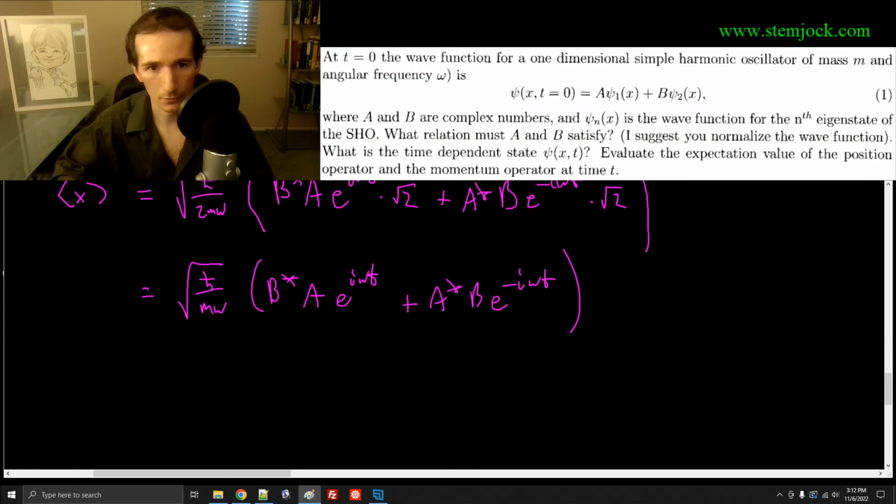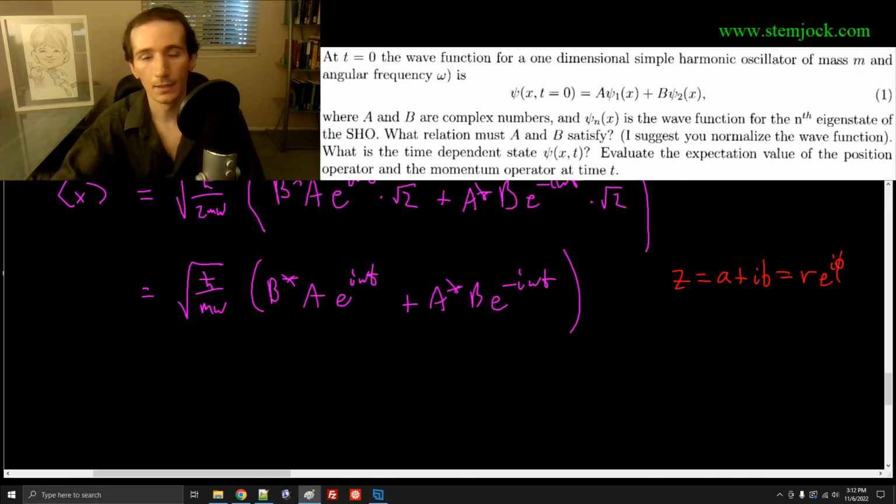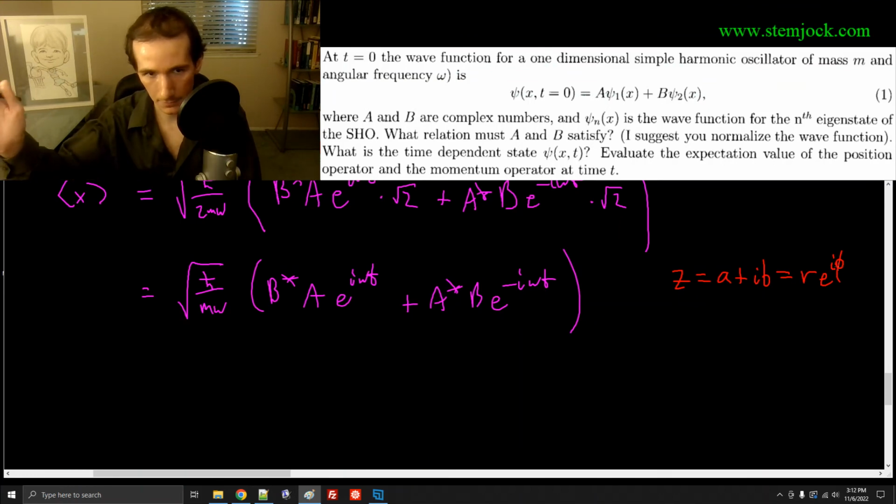So in general, a complex number z can be written in rectangular form as a plus ib, where a and b are real numbers. It can also be expressed in polar form, which is the magnitude times e to the i phi, where phi is the counterclockwise angle from the positive real axis.